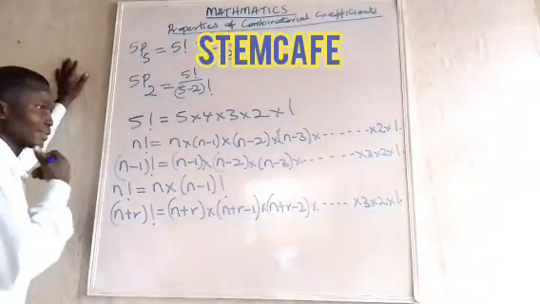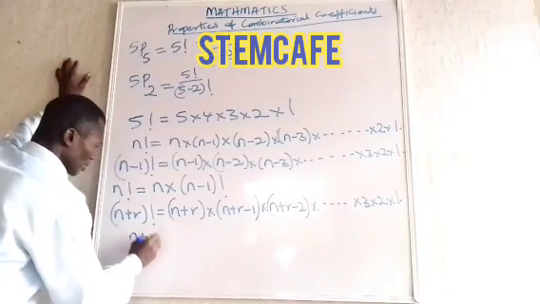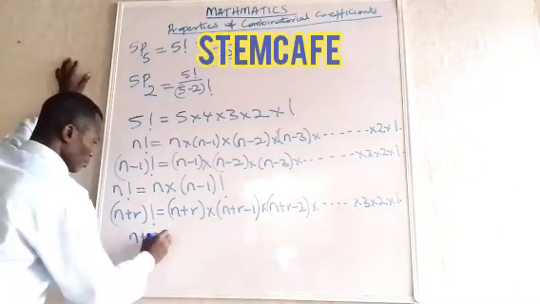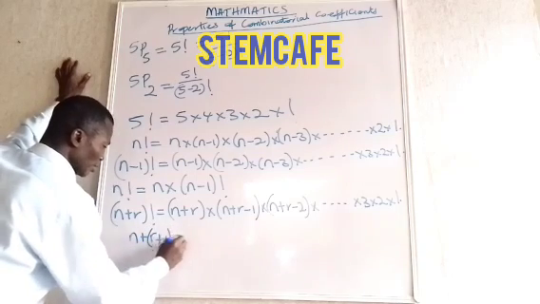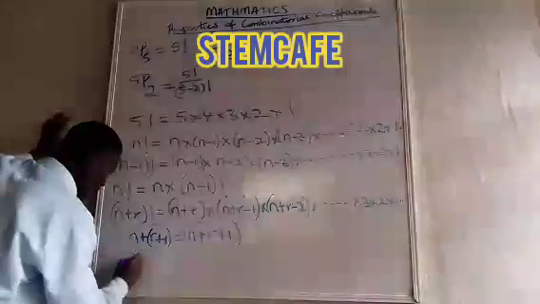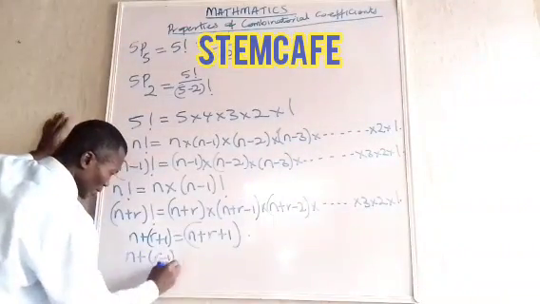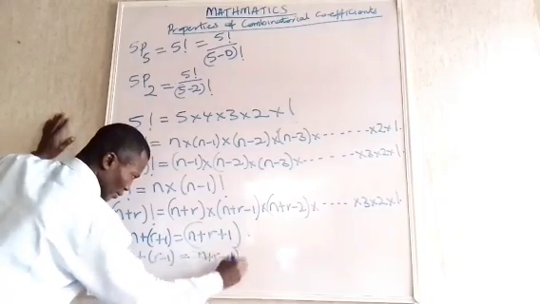So let's look at a situation like this. When you have n plus r plus 1, we're going to give you n plus r plus 1 like this. If you have n plus r minus 1, it's going to give you n plus r minus 1.